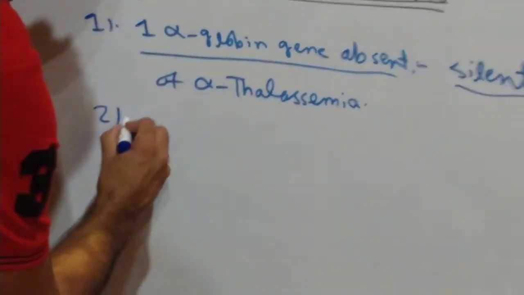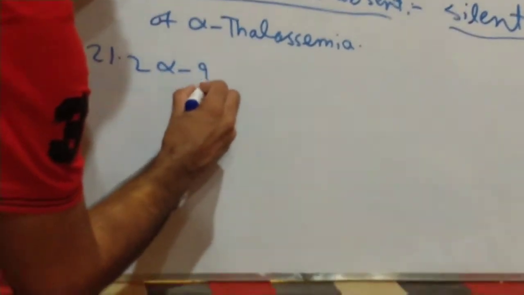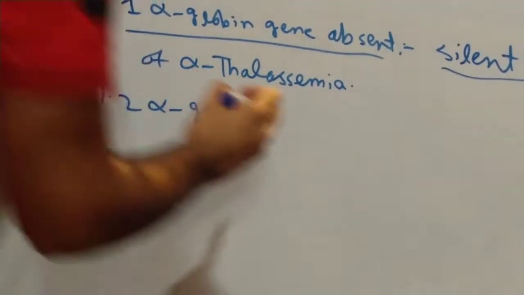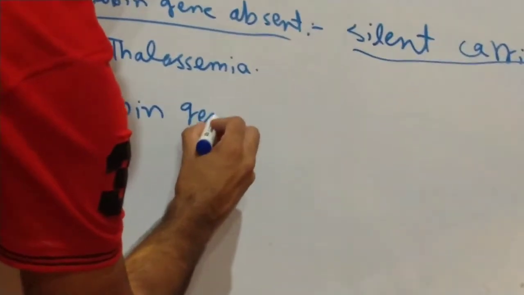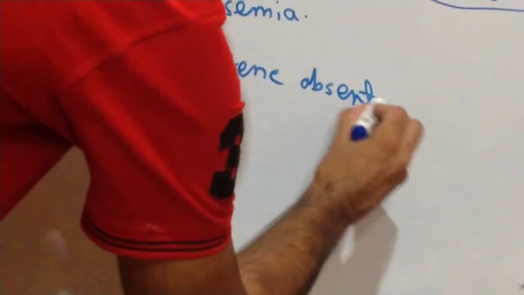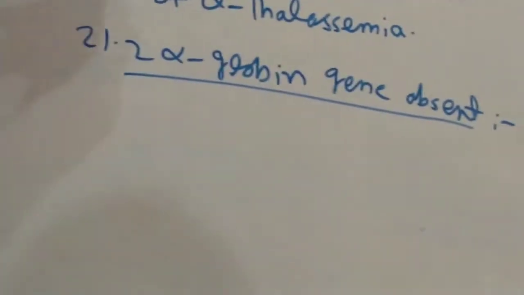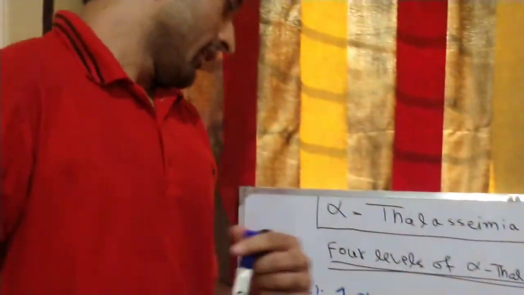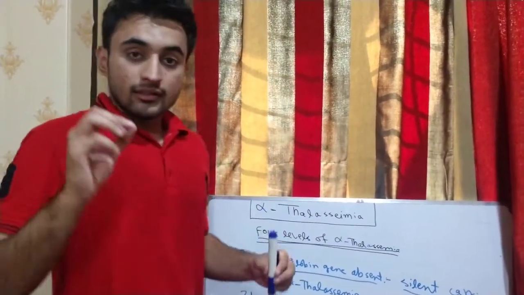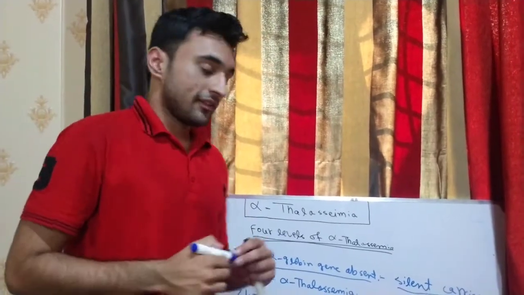Second level, if 2 alpha globin genes are absent. If the 2 alpha globin genes are absent in the fetus, that fetus or baby would be said to be carrying the trait of the alpha thalassemia disease.